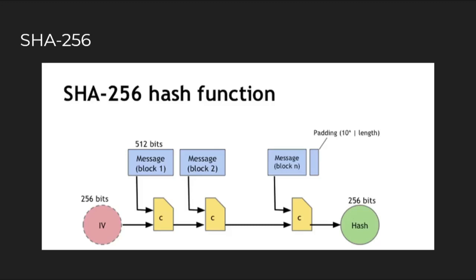They also include an avalanche effect very efficiently. An avalanche effect is when you have a message, and even if you just change the last letter of that message, the output of that change will be completely different than the output of the original message.